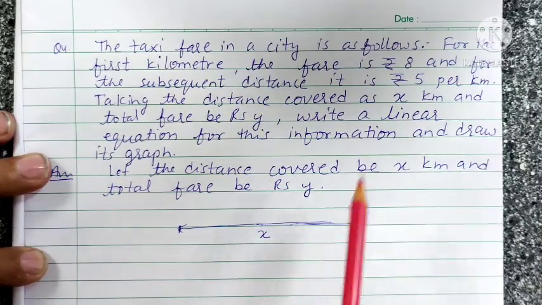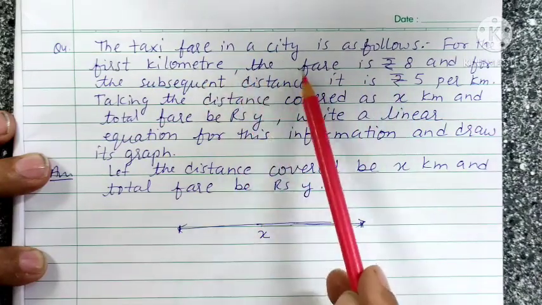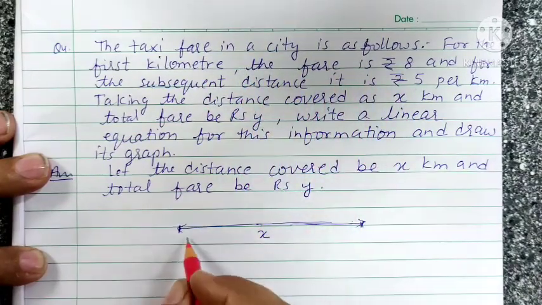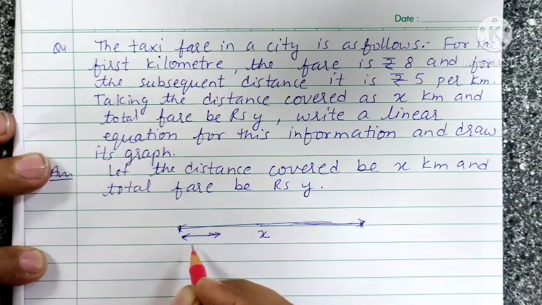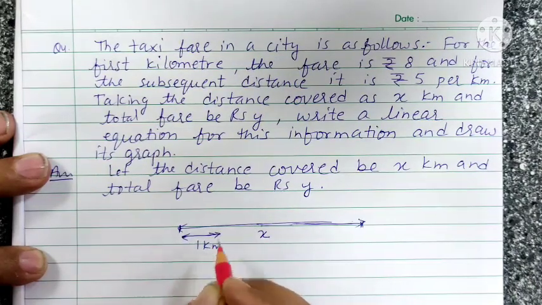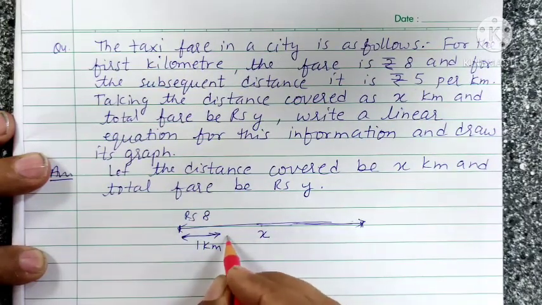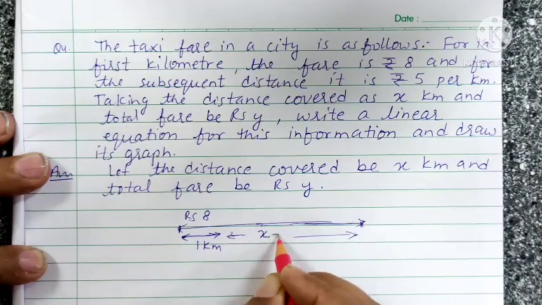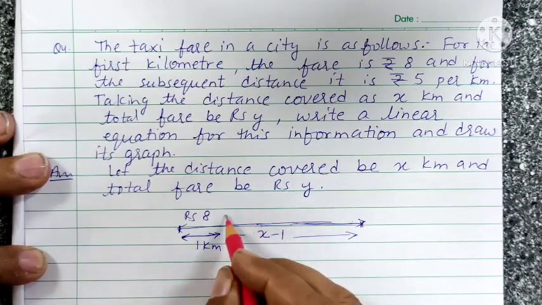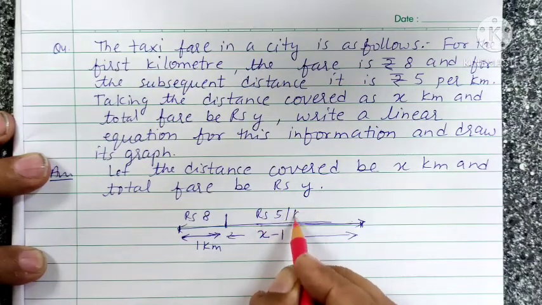Now in this question it is given that for the first kilometer the fare is rupees 8. That means for 1 kilometer it is rupees 8. And now the remaining distance will become how much? The remaining distance will become x minus 1, and for that the fare is rupees 5 per kilometer.